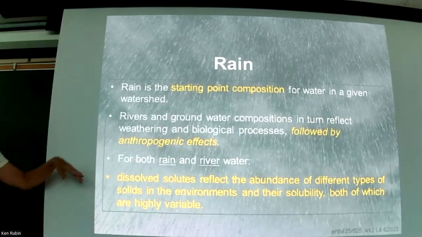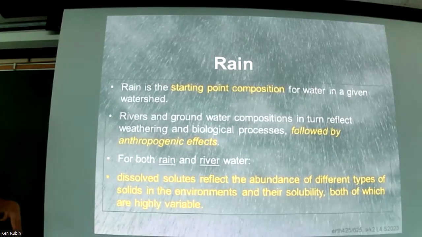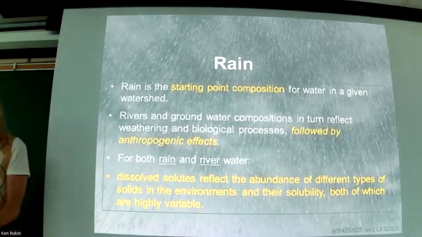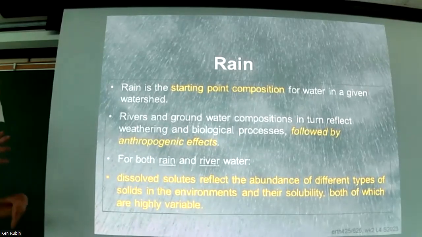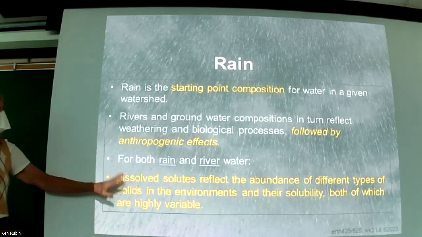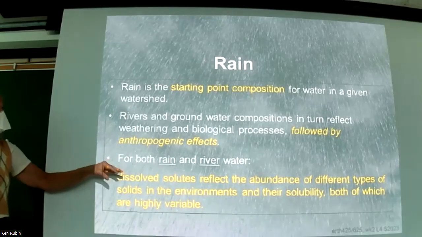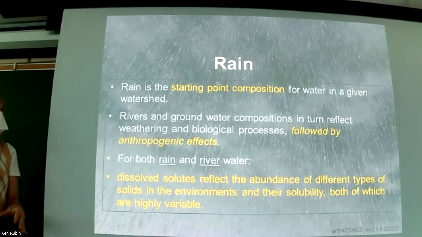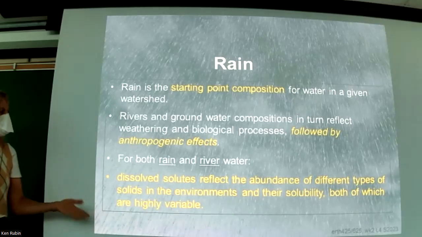Some of them are just enhanced natural processes. And both of these things, rain and river water, give us an idea of the relative types of solids that are in an environment that are causing compositions to be one way or another, and that therefore are going to also affect the fate and transport of contaminants that we find in that water.